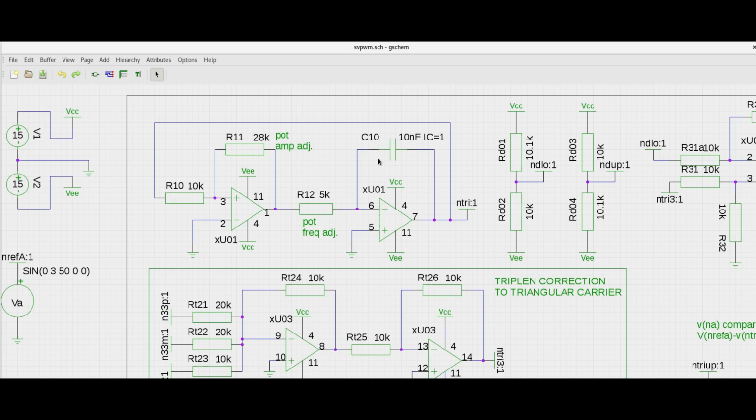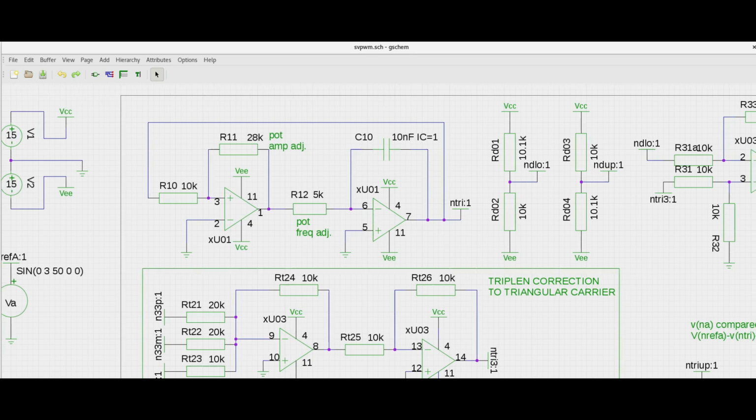Now the current flows and charges up this capacitance, and this will rise, and then if it goes above the upper trip point, this will change state, and so on. So you will get here at this point a triangle waveform. You can simulate and then check that out.